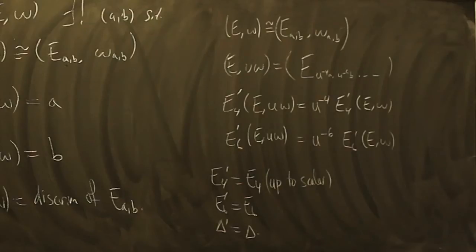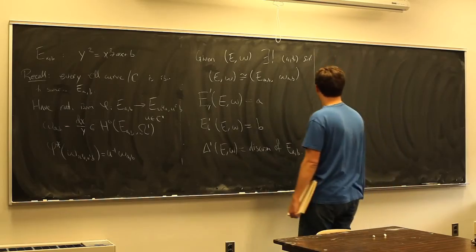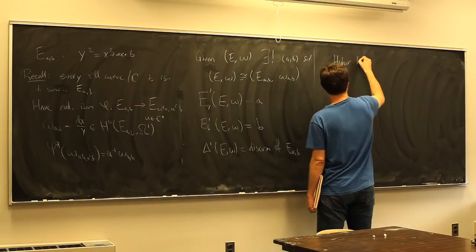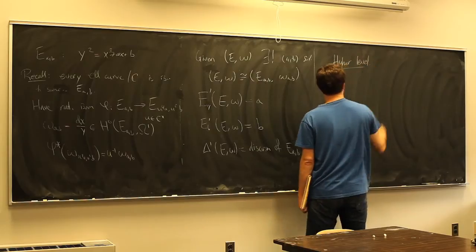All right. So far we've been talking about modular forms of what's called level 1, invariant under the full SL2(Z). So we're going to need something a little more general. Higher level modular forms.